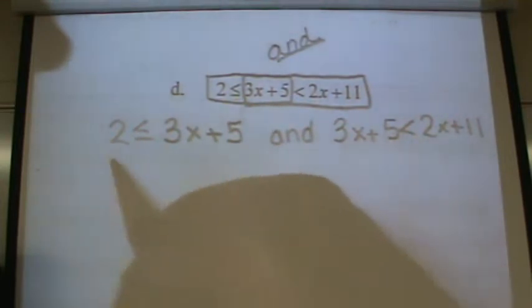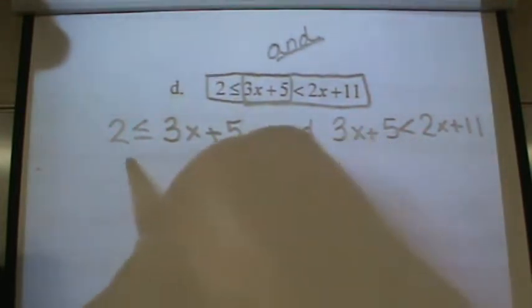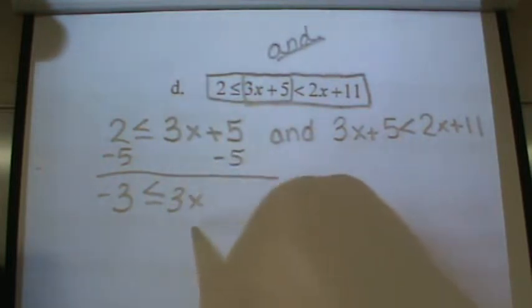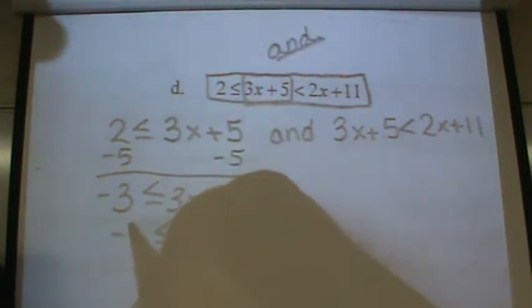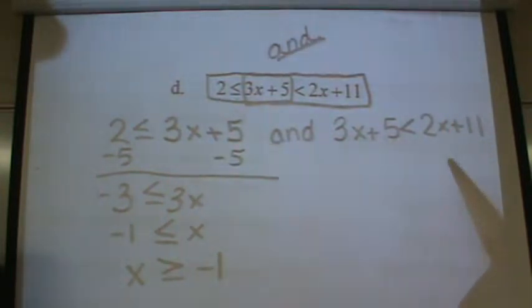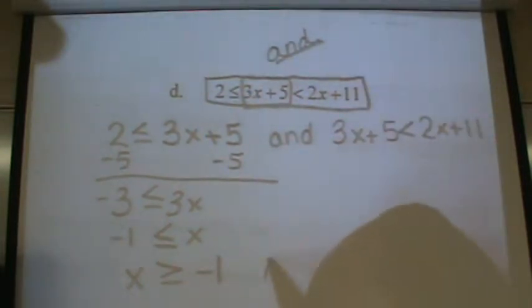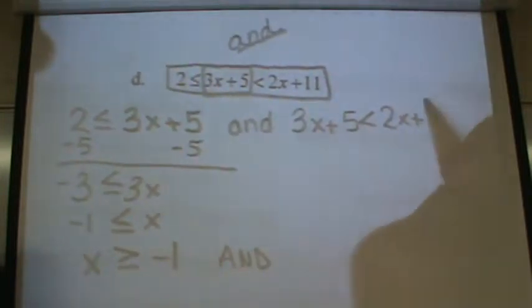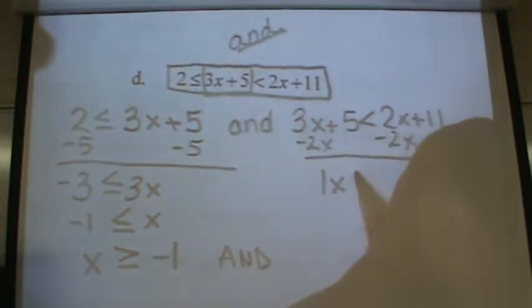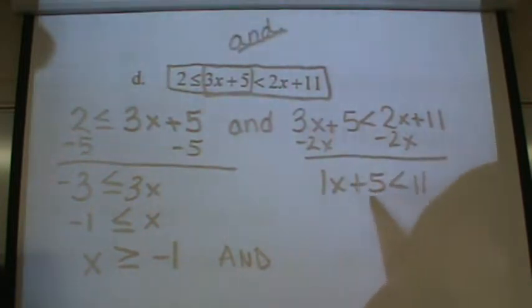Okay, so how do you do the left side? Subtract 5, divide by 3. Can I write it the other way? Yeah. So x is greater than or equal to -1, and I'm going to subtract 2x. Subtract 5, what's x?